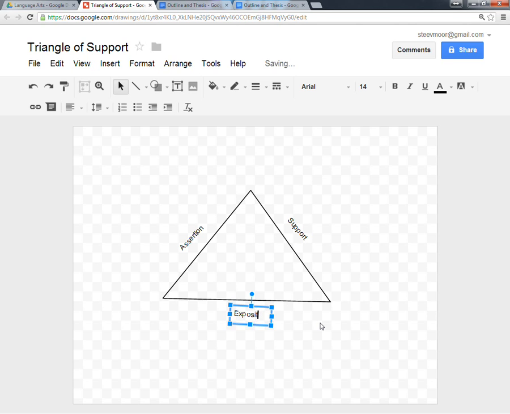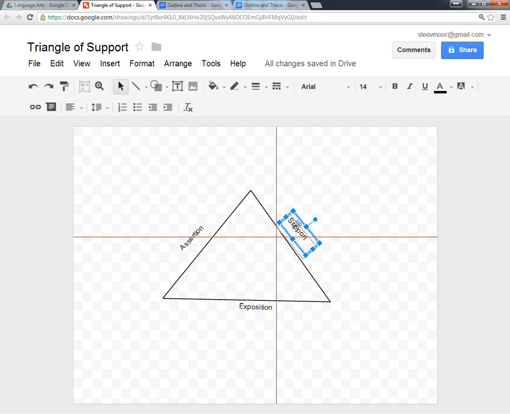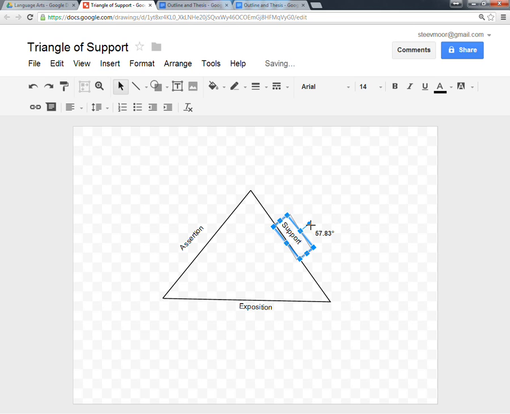That means you're exposing your support to what you assert. So you're exposing the way that your mind is working to ally this support with this assertion.